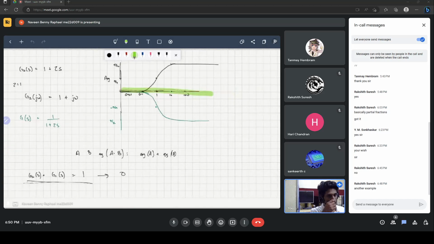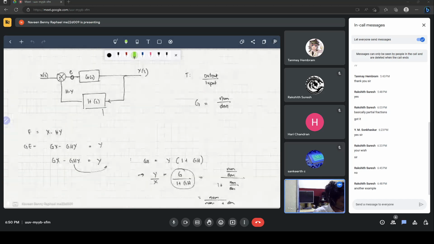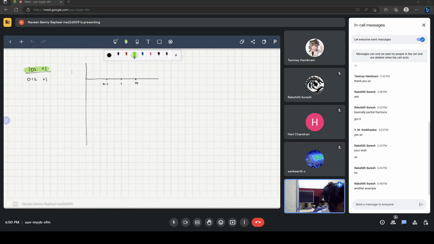So when you reach 1, that's where it splits. So the plot of 10s plus 1 will be something like this.